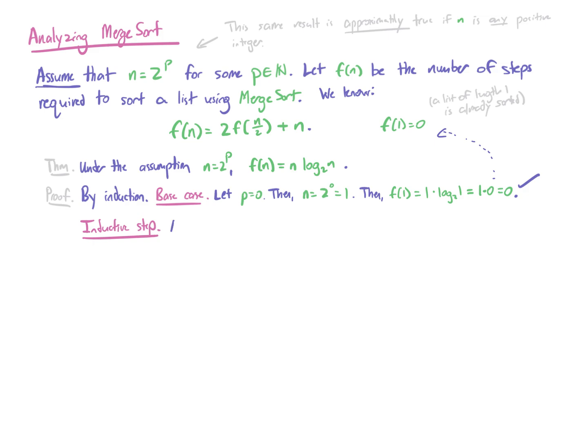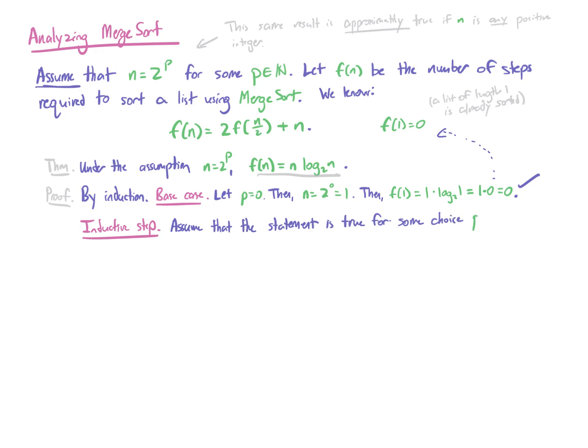So I'm going to assume that the statement, and here, what's the statement? The statement is that this is the correct number of steps for my algorithm. We're going to assume that that statement is true for some choice of p.